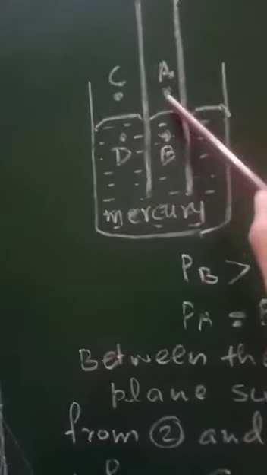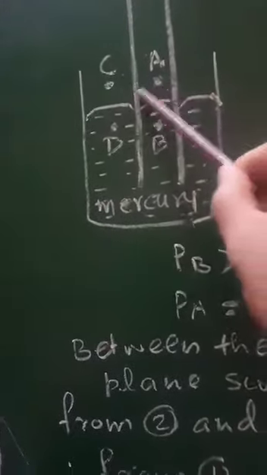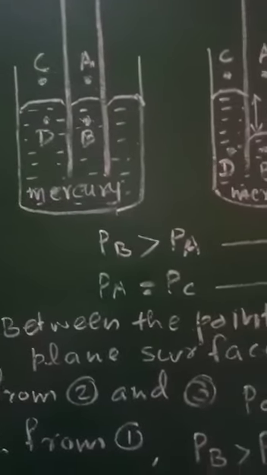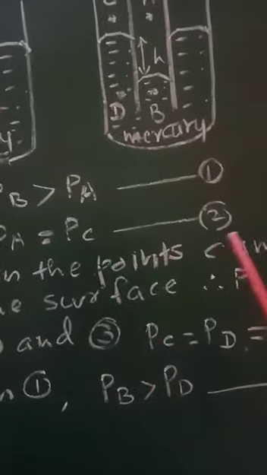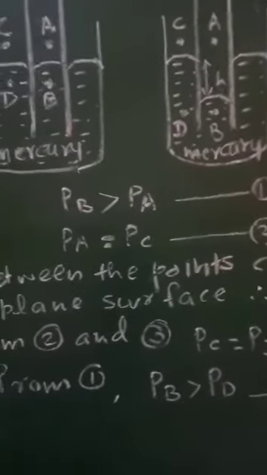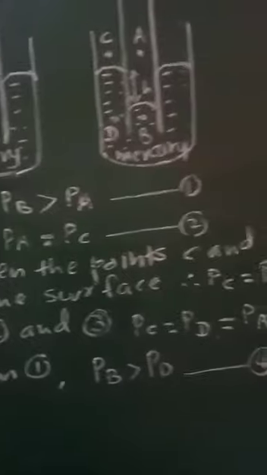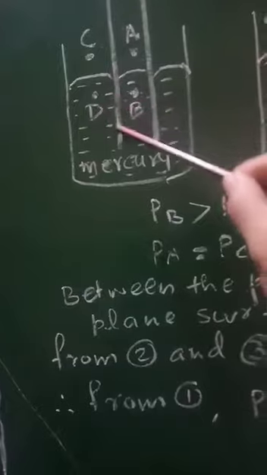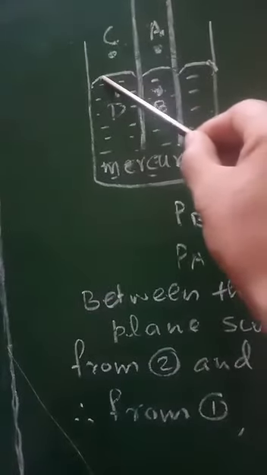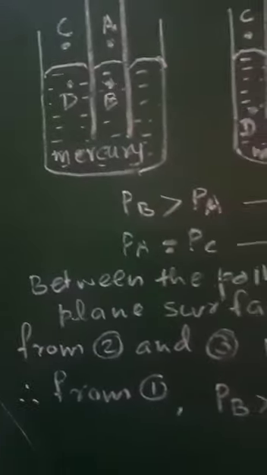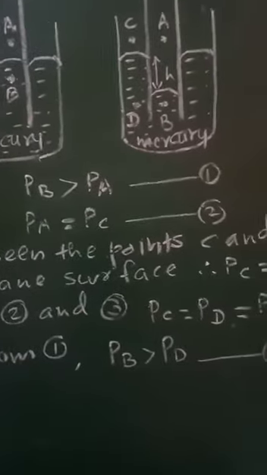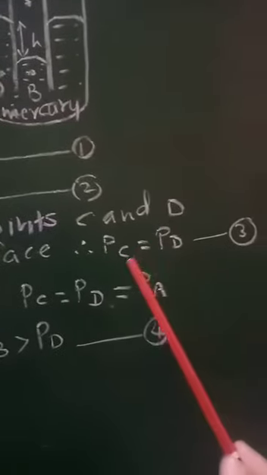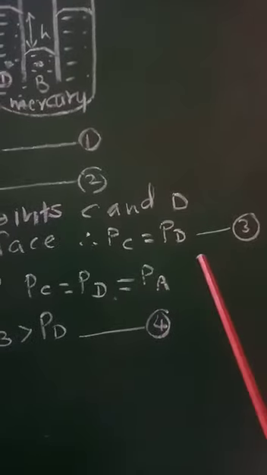Now A and C, these 2 points are at the same level, therefore pressure at point A must be equal to pressure at point C, and therefore PA is equal to PC, equation number 2. Now between the 2 points C and D, there will be a plane surface of the liquid, and therefore the pressure at point C must be equal to pressure at point D, and therefore PC equal to PD, equation number 3.